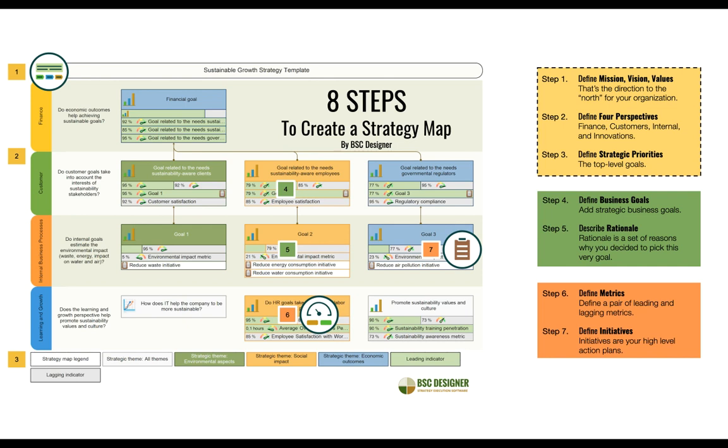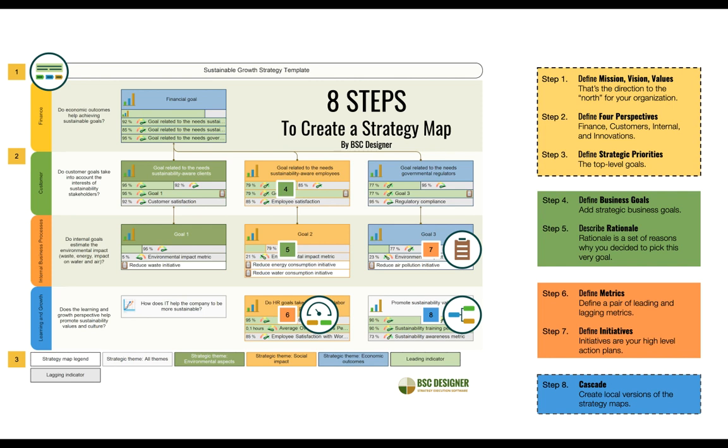By adding these action plans, these initiatives, we're getting to the lowest level of abstraction, depending on where we come from. And that's where we finish the strategy map design. We have finished it, but we still have step 8, which is cascading the strategy map.